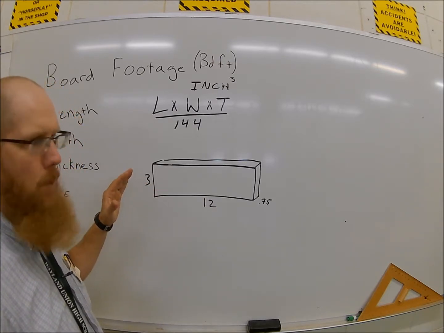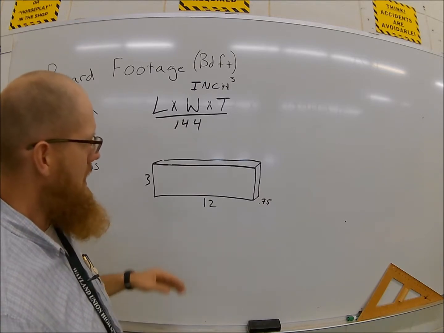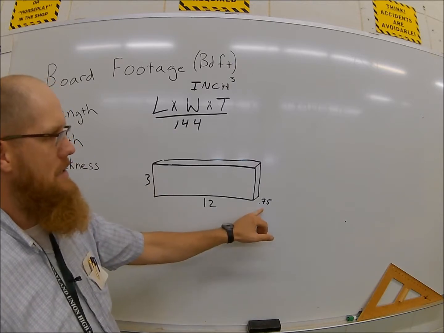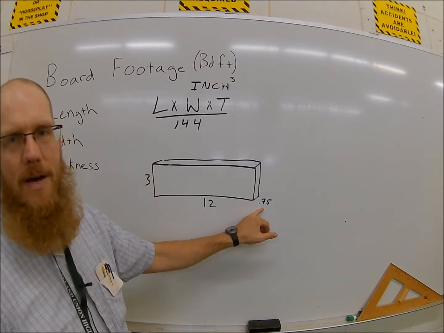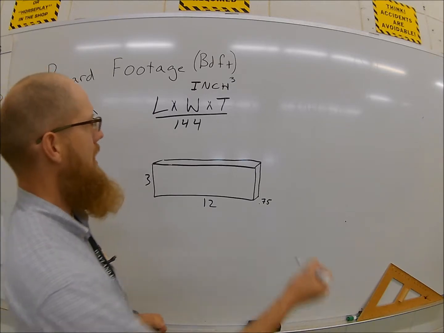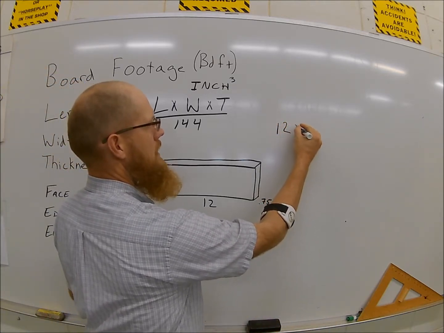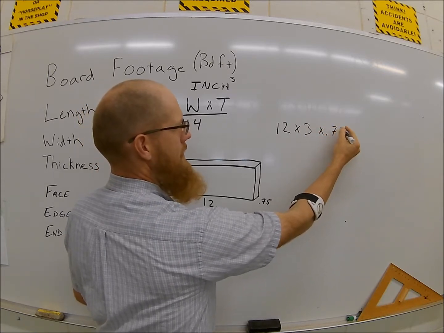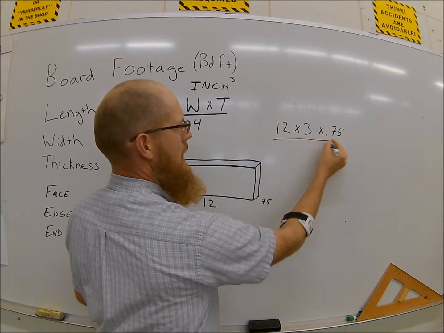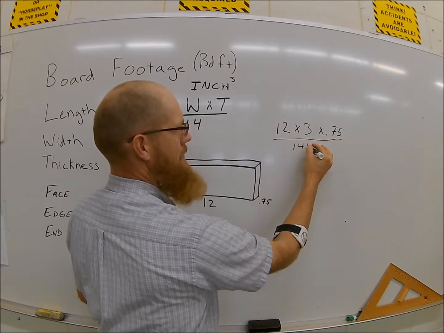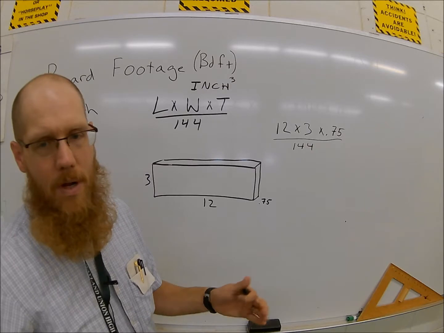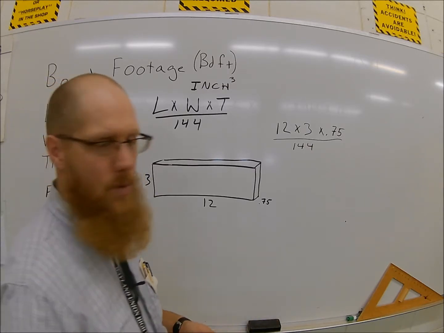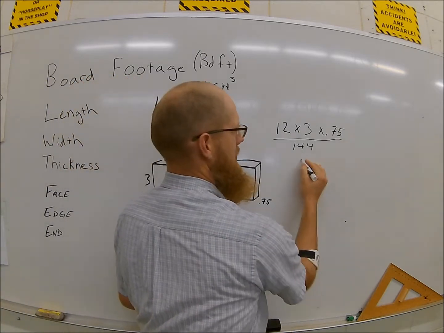I have a board that has been machined down. It is currently 12 inches long, it is 3 inches wide, and it is 0.75 or 3/4 of an inch thick. So if I do the math on that, I know that 12 times 3 times 0.75, and I divide that by 144. So 3 times 12 times 0.75 is equal to 26 cubic inches.